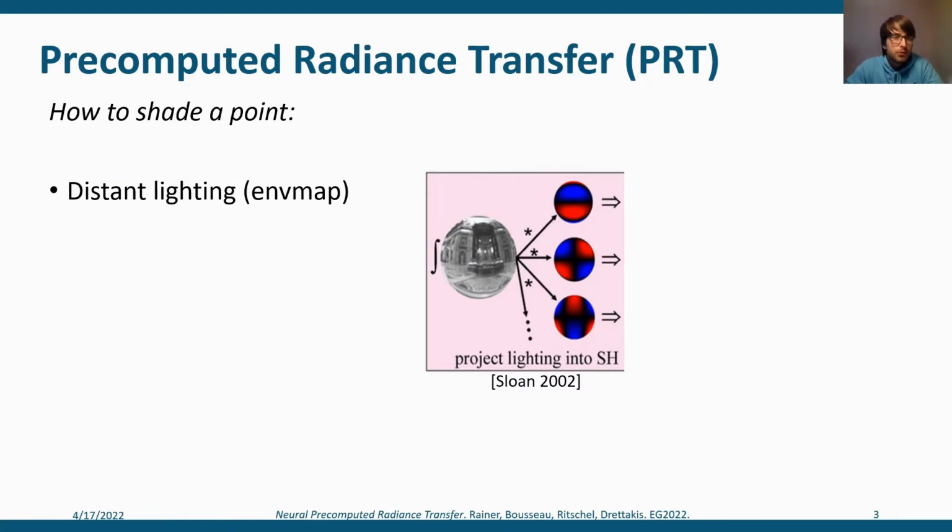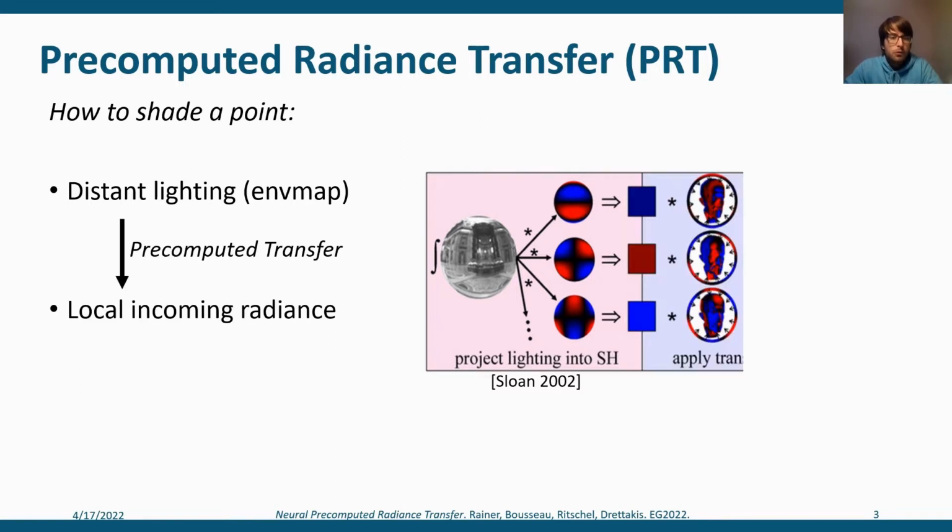The main principle of precomputed radiance transfer is that instead of dealing with rays as in path tracing, PRT deals with functions on the spheres, so angular distributions. In particular, to shade a point in the scene, the distant dynamic environment map is projected onto the angular basis. The transfer function, which transforms the distant lighting into local incoming lighting at the given point, is looked up from the precomputations and applied.